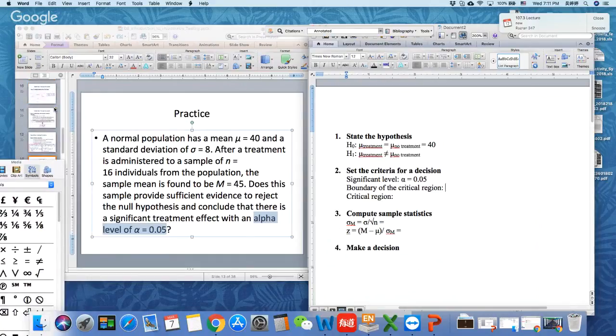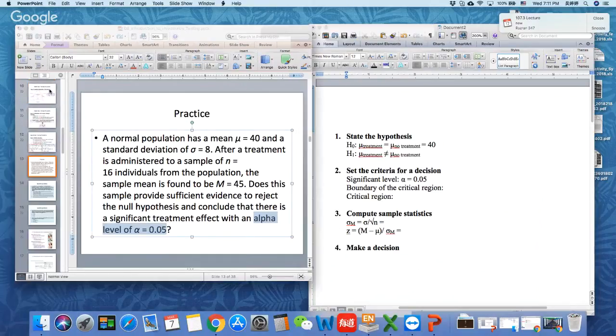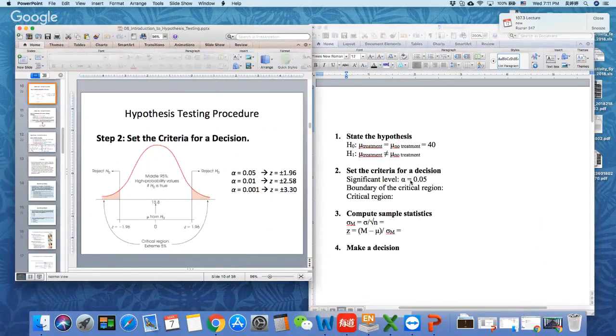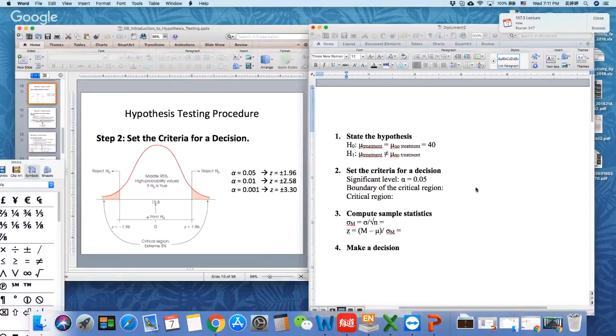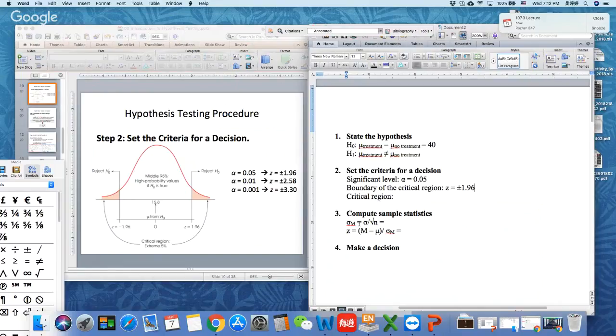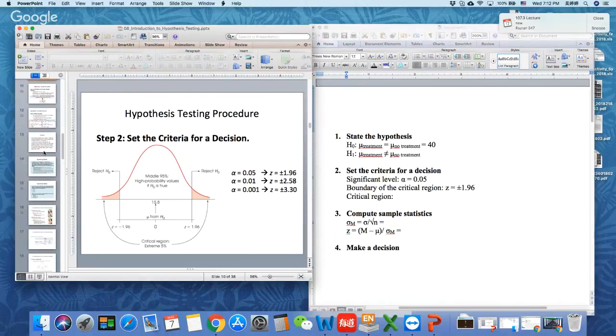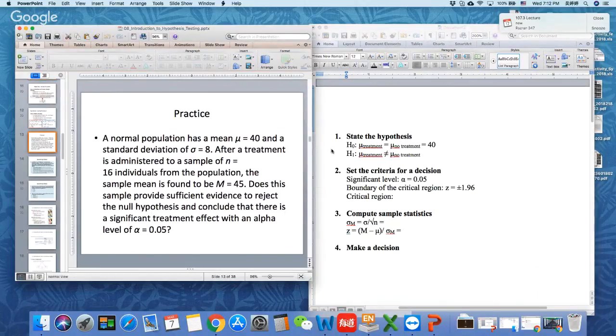In this slide, I just tell you if alpha equals 0.05, the boundary will be z equals plus or minus 1.96.